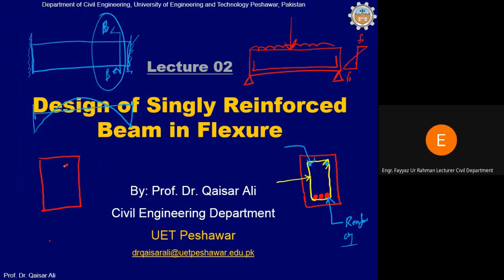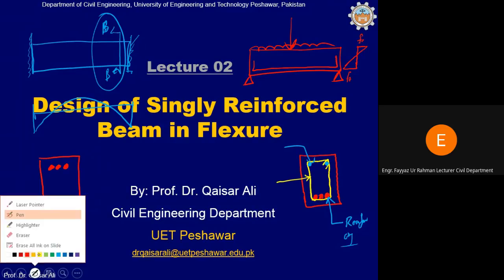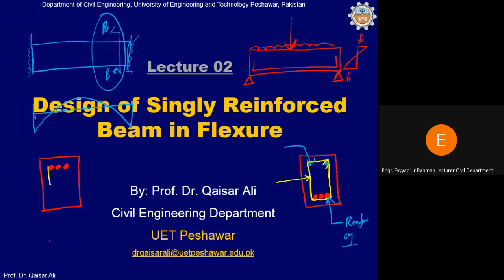There will be tensile reinforcement in the top now, and of course there will be stirrups in the beam, and there will be minimum 2 bars to hold these stirrups in the compression zone.